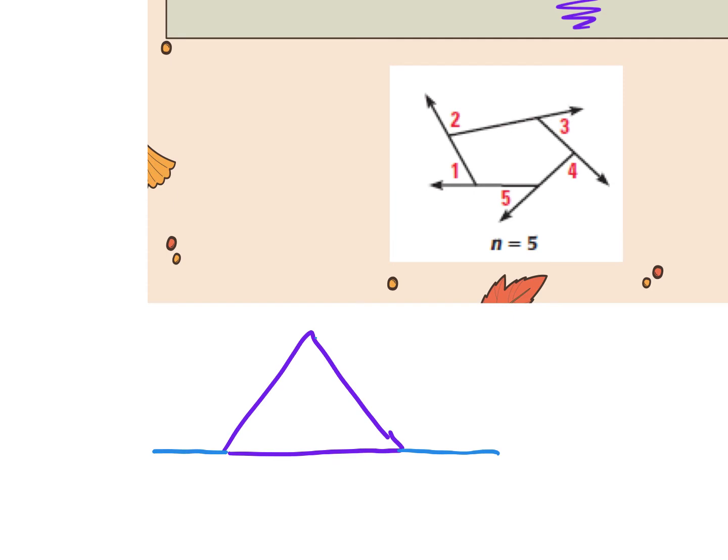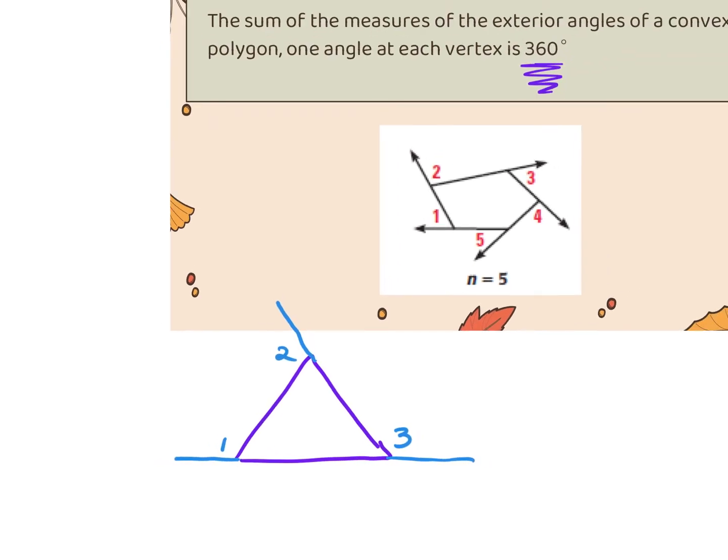So if I extend the side in one direction, I can now create 1, 2, 3 exterior angles, angles that are outside of the polygon. And when I add up these angles, they're always going to add up to be 360, no matter what the shape is. So up above in that pentagon, those 5 angles that are on the exterior part will always add up to be 360.